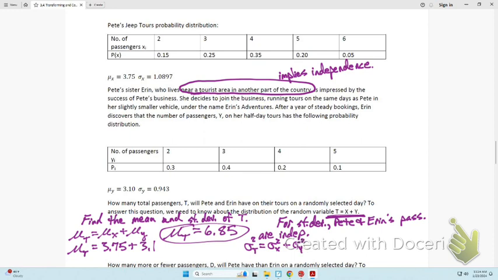All right, so we're going to go 1.0897 squared plus 0.943 squared, and that's going to give us, I think I wrote it down, 2.0767. Then square root it, and we get 1.4411.